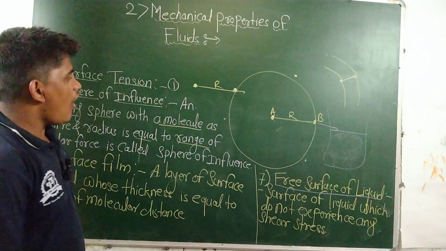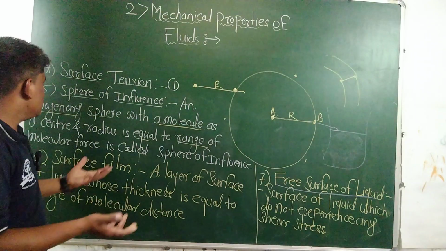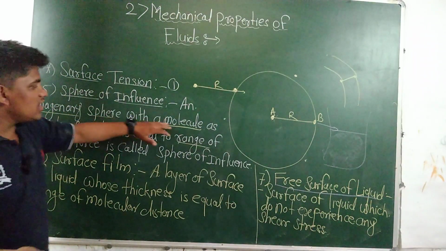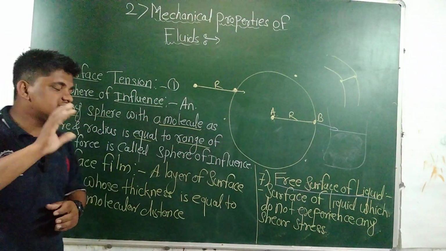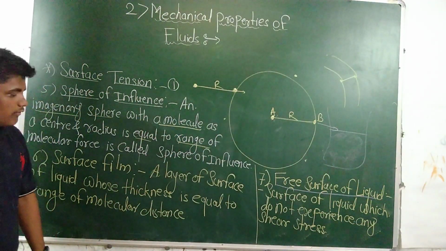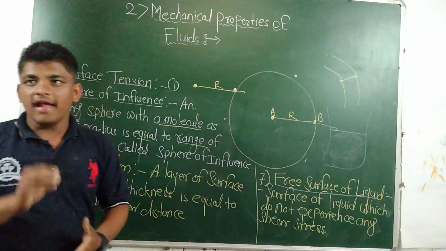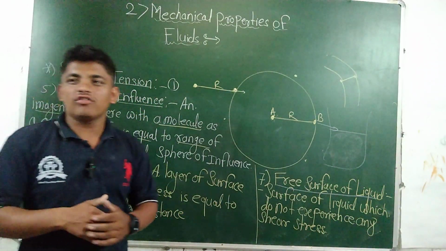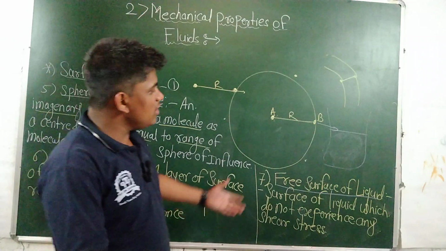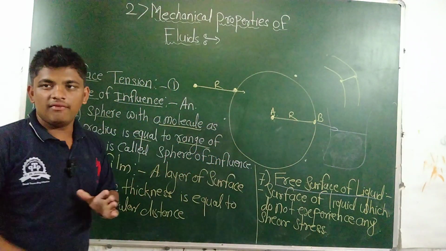And the sphere of influence is an imaginary sphere with a molecule as its center and radius equal to the range of molecular force. The intermolecular force is effective only within the sphere of influence.